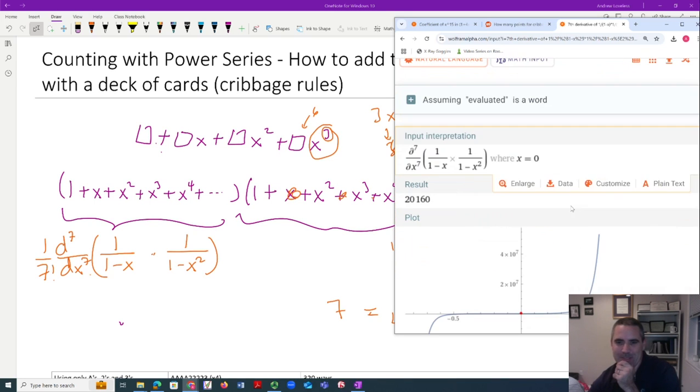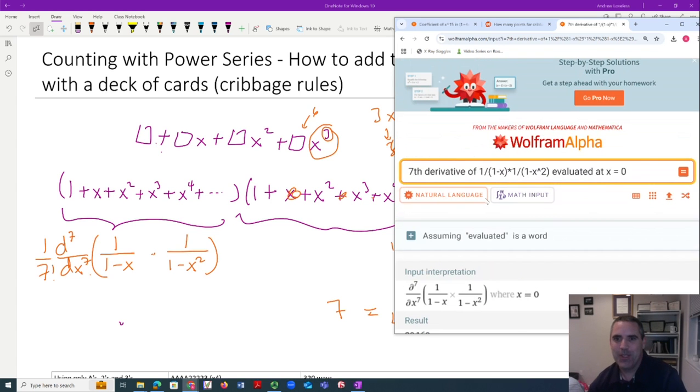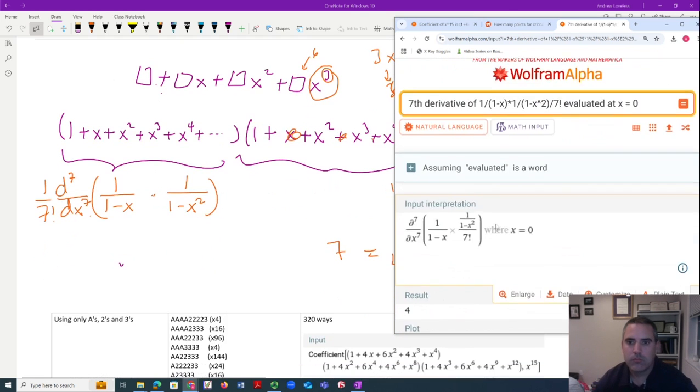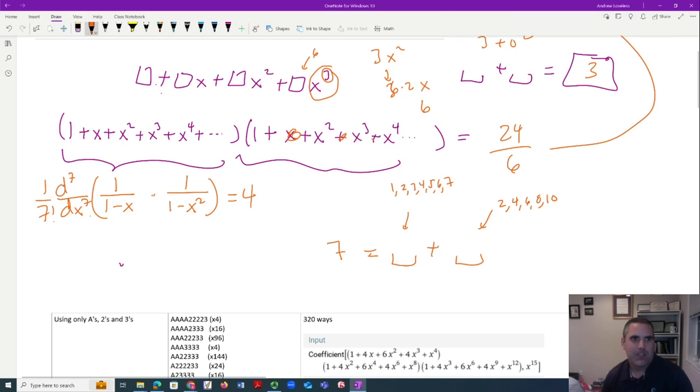And then I need to divide by 7 factorial. This comes out to be 4. But it's a problem that otherwise would be hard to sort of track in a general way and gives us a formulaic way to get it.